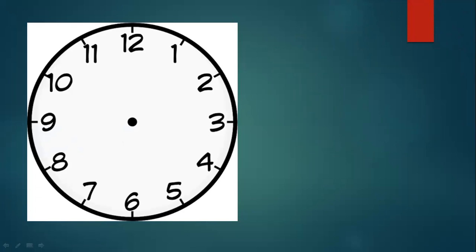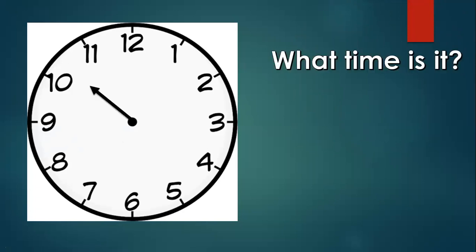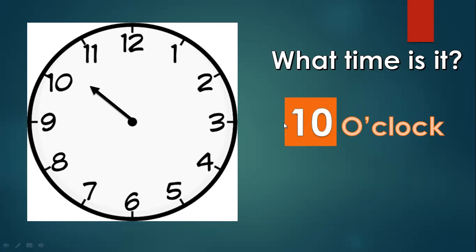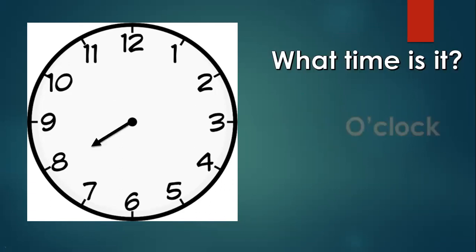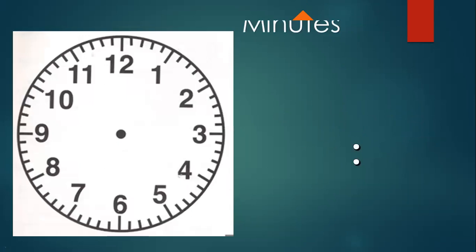It is 1 o'clock. What time is it now? Yes, you can write in the chat section. Turkey, you are right. Now it is 10 o'clock. What time is it now? When the needle is on 8, it means 8 o'clock.